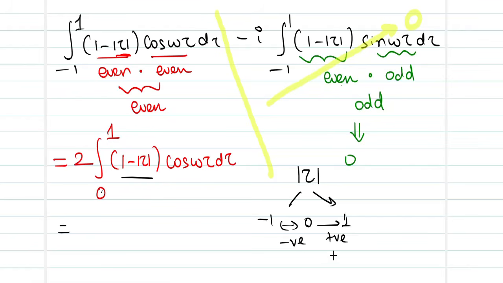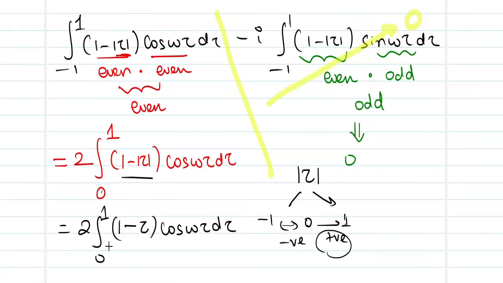Between 0 and 1 it behaves as a positive value, so the modulus can be removed, and it will behave as tau. So twice the integral from 0 to 1 of 1 minus tau cos omega tau d tau is the final quantity we are going to estimate.